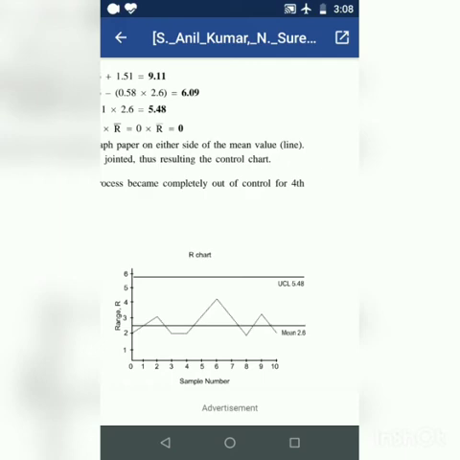The lower control line is at 0, so it is not shown in the graph. The upper control line is at 5.48, which is drawn parallel to the x-axis, and the mean line is drawn at 2.6.